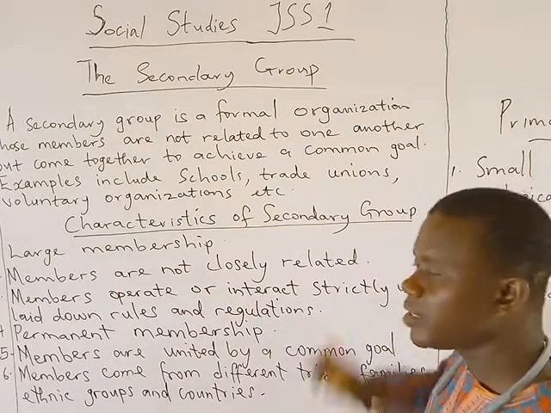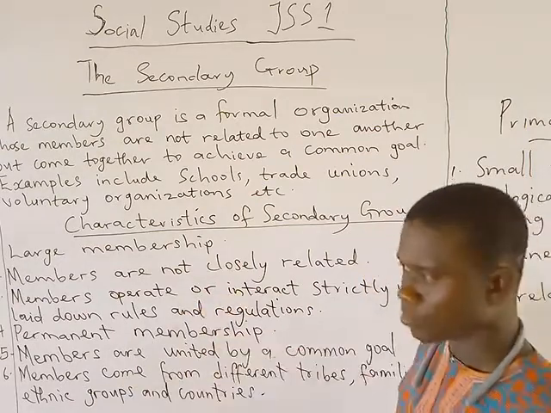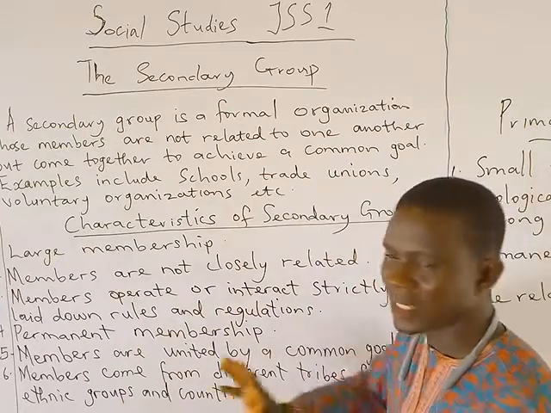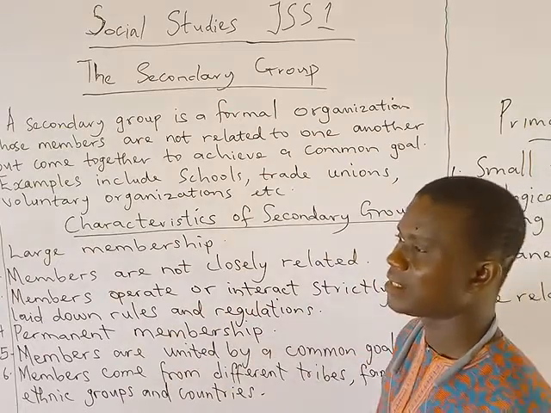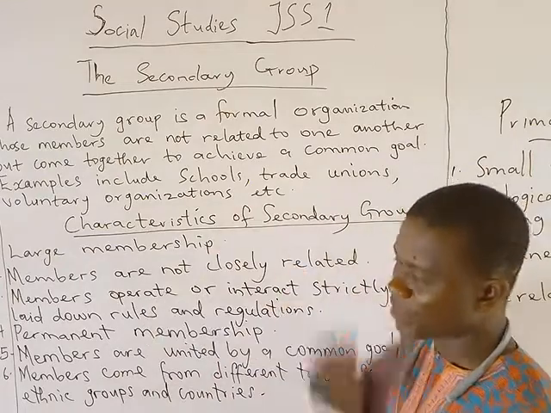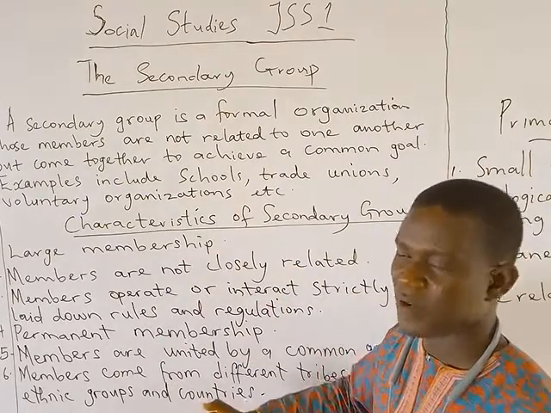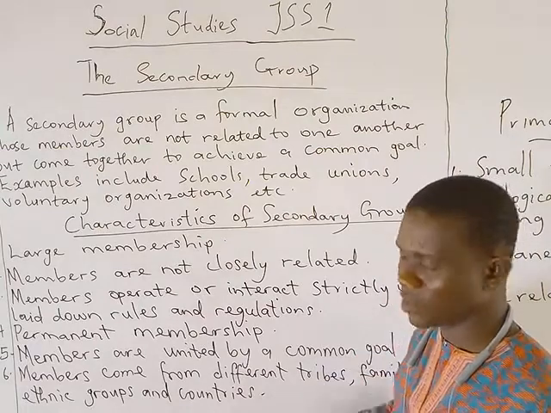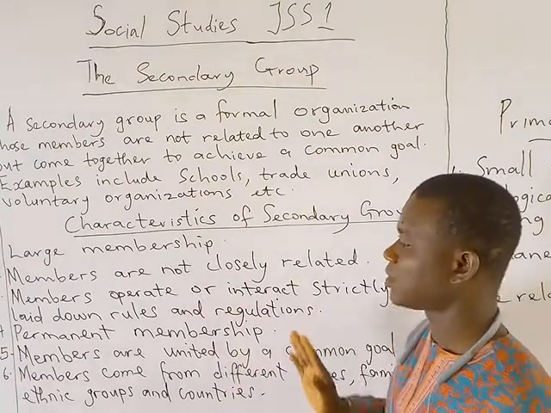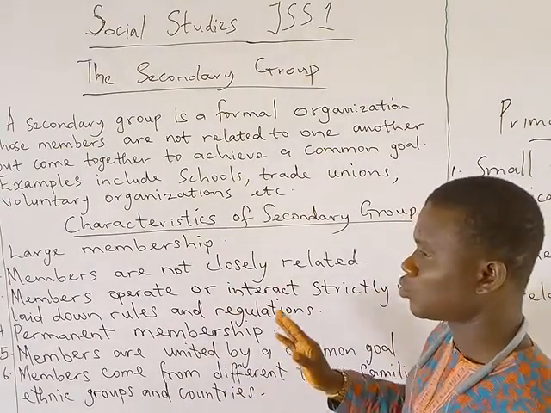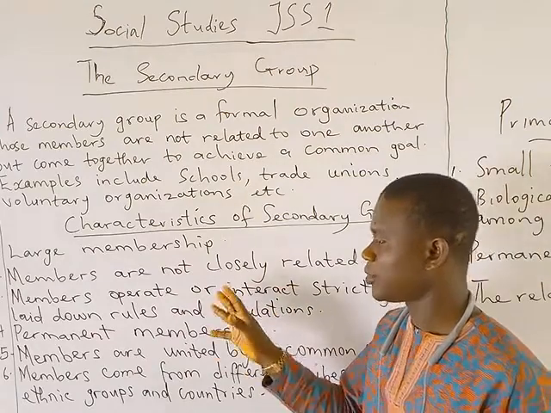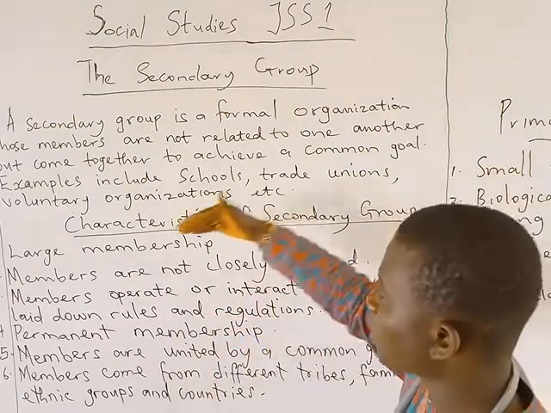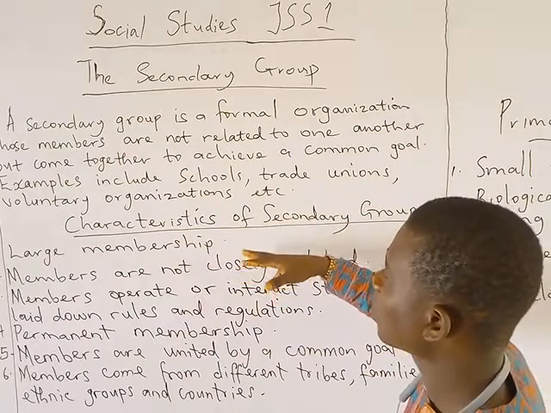But in secondary group, members are not really related. Members come from different backgrounds, different families, different ethnic groups. So they are not related biologically. So that's another difference that you will see between primary and secondary group.